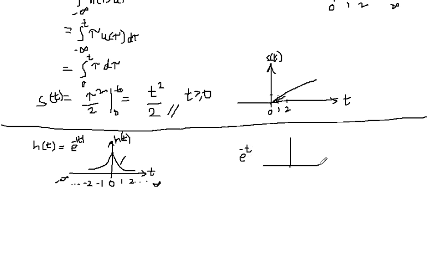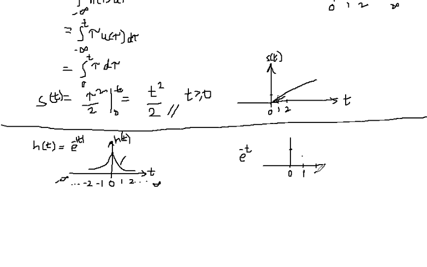If t is 0, it is e raised to 0, which is 1. If t is 1, then what is its value? It is e raised to minus 1, which would be a bit less than this one. So the signal would come, let's say, to this value.